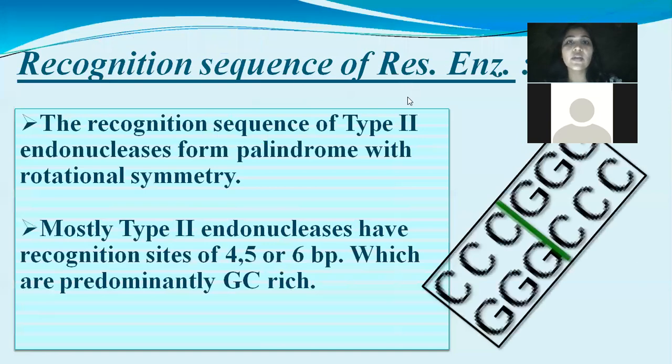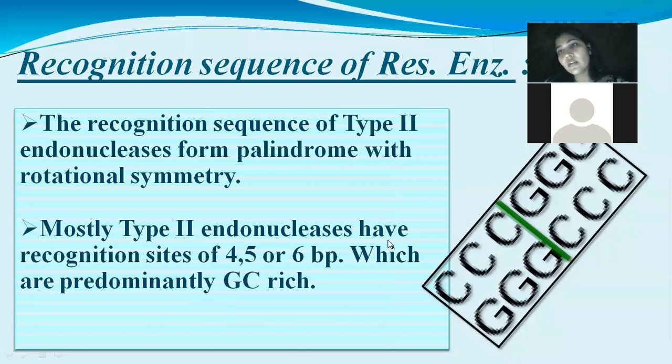So they are different. Recognition sequences of restriction enzymes: the recognition sequence of type 2 endonucleases forms a palindrome with rotational symmetry. I told you palindromic sequences are those which are mirror images of each other.